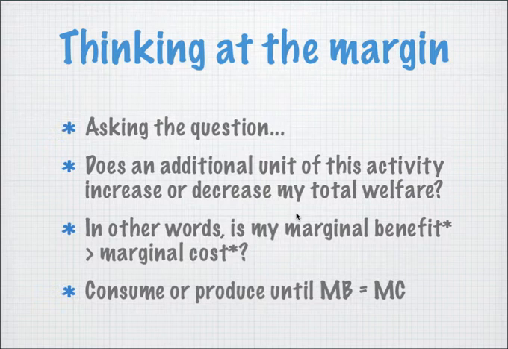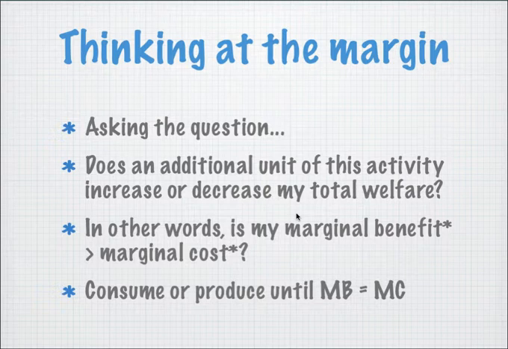How much benefit will I derive from this one sandwich? And what is the cost of buying it? It will be the price that I'll pay, the dollars I'll sacrifice, which could have been used to watch a movie or go out with friends. That's the marginal cost of buying that sandwich. If the marginal benefit is larger than the cost, I will go ahead and buy the sandwich to eat.